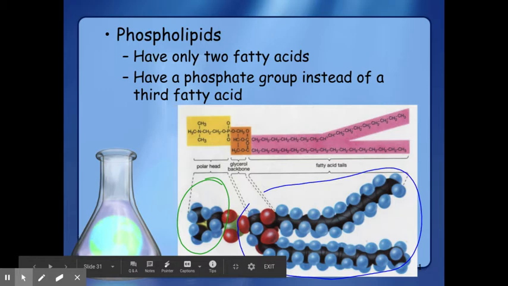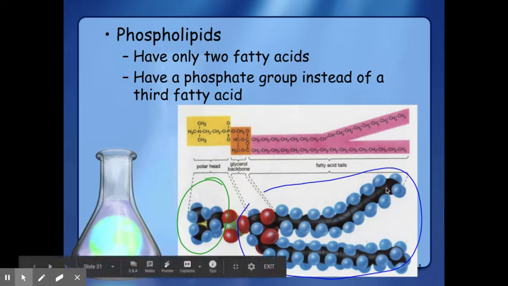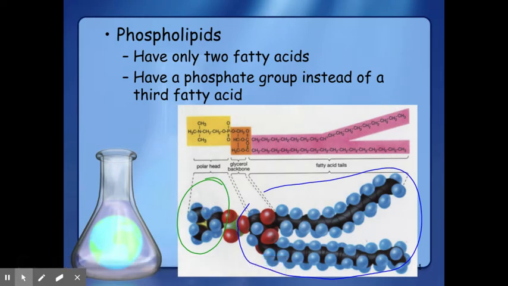Phospholipids are another really good example of a lipid. They have two fatty acid tails, and then they have a phosphate head. This is what creates cell membranes, that water barrier that we talked about in chapter 3.